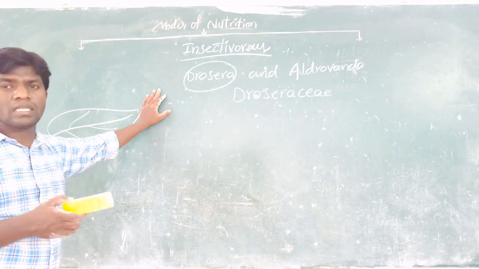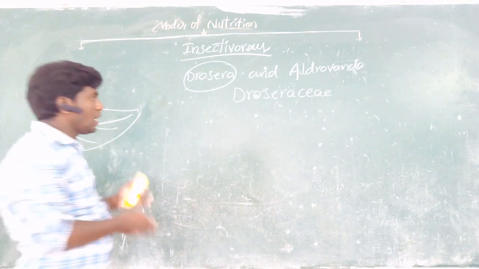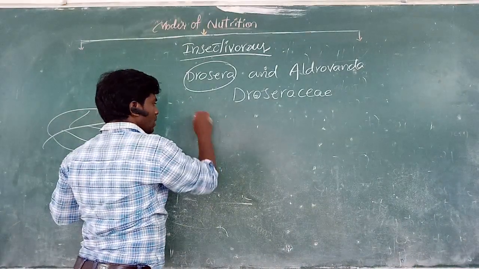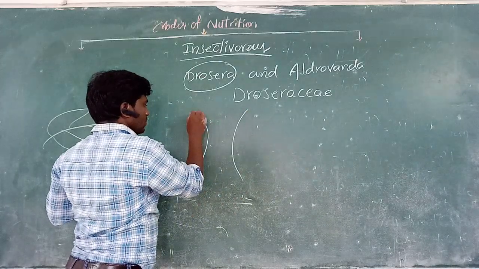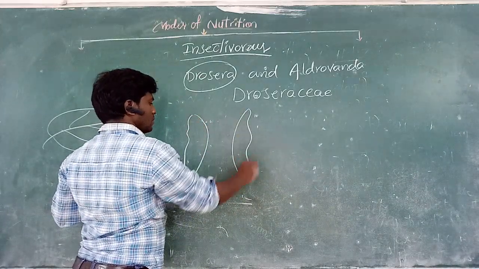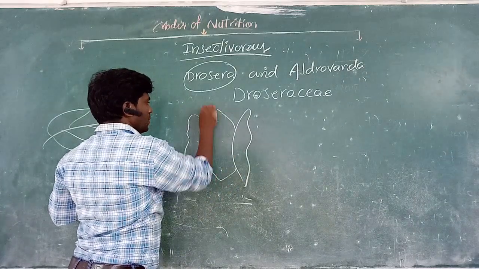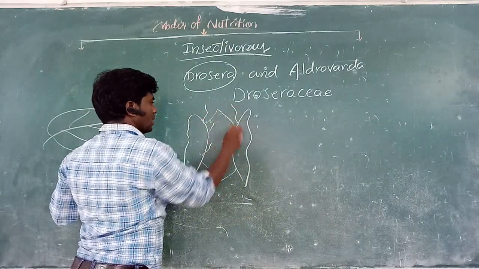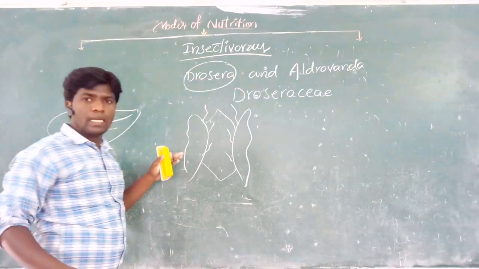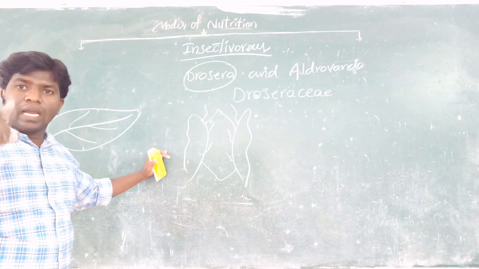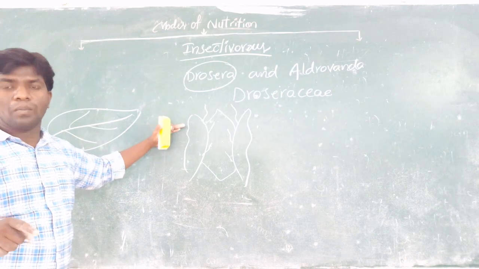Some tentacle structures are there. Tentacles means pendular projections. A finger-like projection will arise from the plant body.